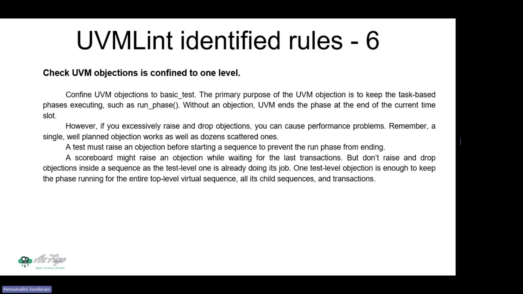Do not have objections for every sequence that you're raising. Raise one test level objection to keep the phase running for the entire top level virtual sequence and all its child sequences and transactions. By raising objections every time at the start of every sequence, you're going to slow down the performance. That is what this rule is checking.